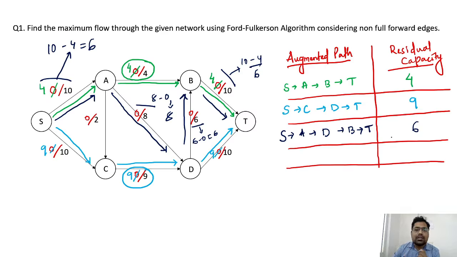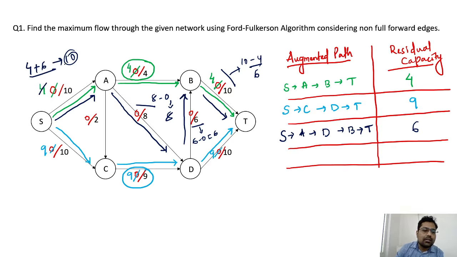Once we select it, what we do is check: the residual capacity we have selected is 6, so 4 plus 6 is 10. We write 10 there. The updated value is 10 now.